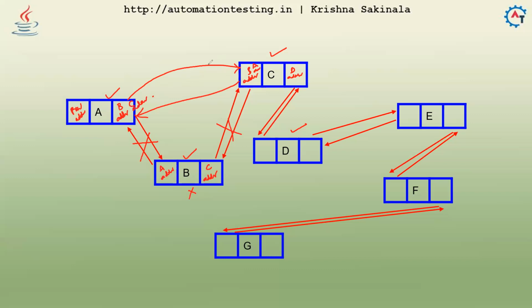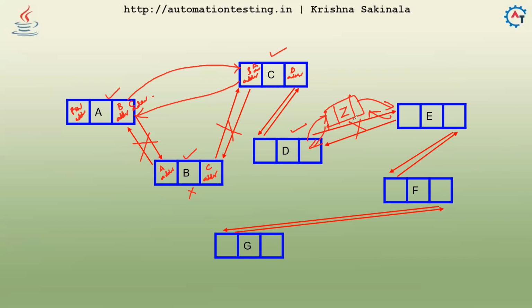It will be replaced with the next element address information. If you add something in between D and E, say you added a Z element, then instead of D pointing to E, it will point to Z, and Z will point to E. So that simple it is. If you remove, the link between two elements will be removed and it will link to the next available element in the linked list.